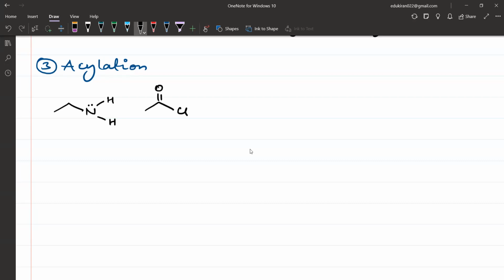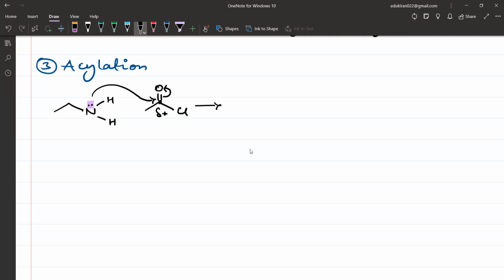Okay. Now, if I look at this nitrogen atom, it is having a lone pair electron. That is why it is going to be electron rich. The carbon atom which is connected to the oxygen via double bond and chlorine is highly delta positive. So this nitrogen atom is going to attack this carbonyl carbon first of all. As soon as it attacks the carbonyl carbon, the carbon will break the pi bond because it cannot have more than 4 bonds.